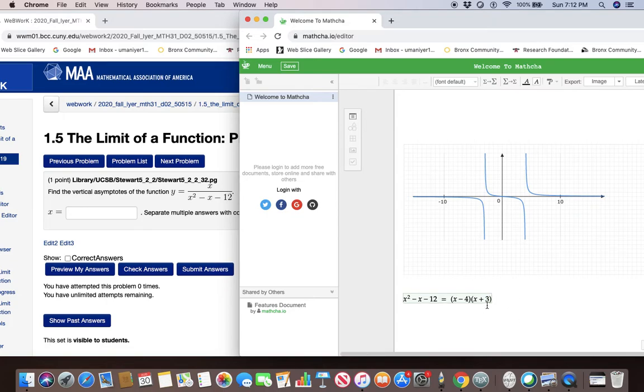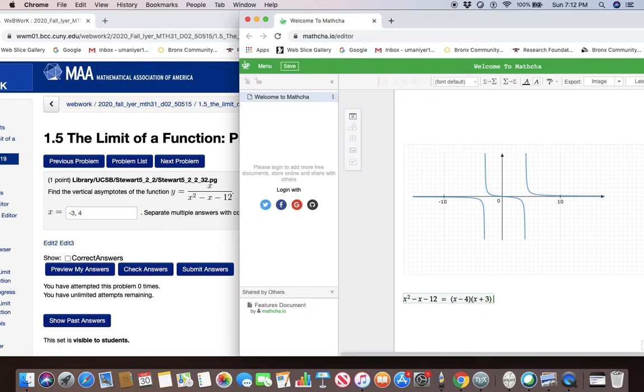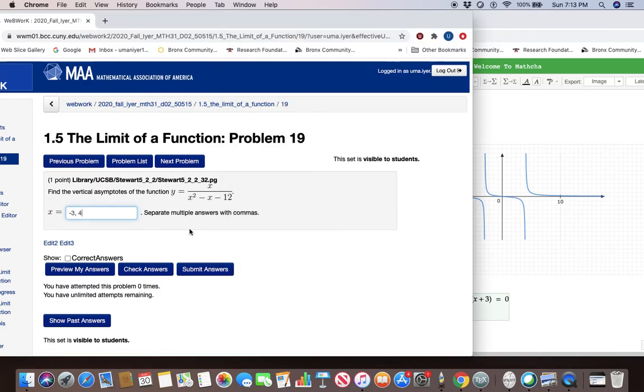That gives me negative 3 and positive 4. If I set it equal to 0, I get x equals 4 and negative 3. So we write the smaller number first, numbers with commas.